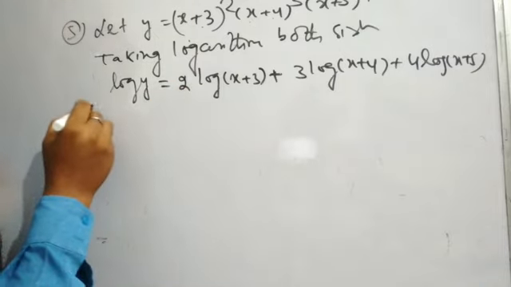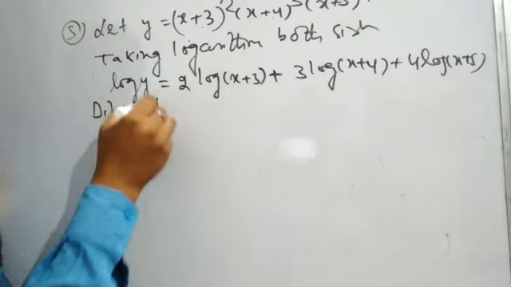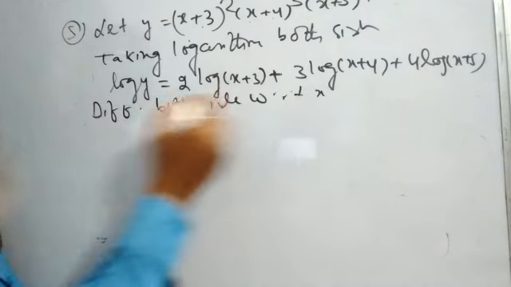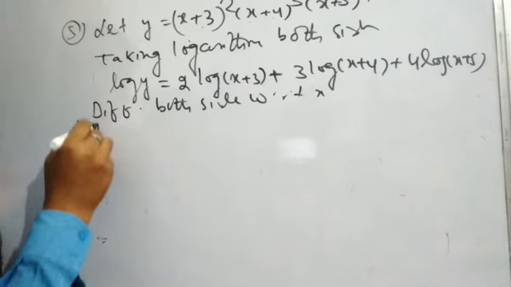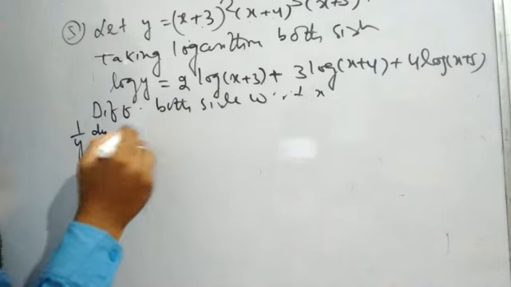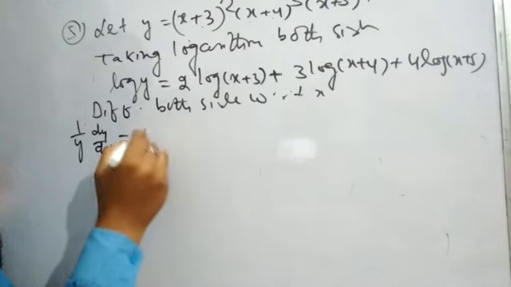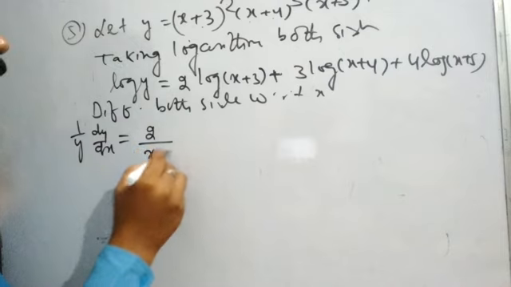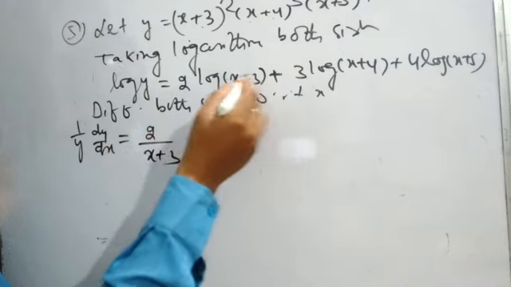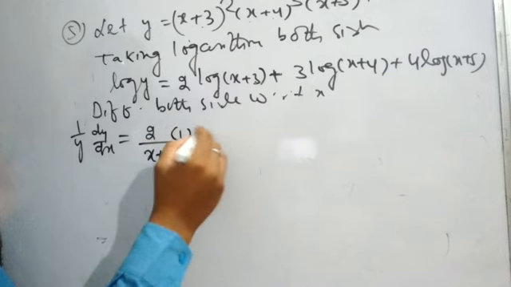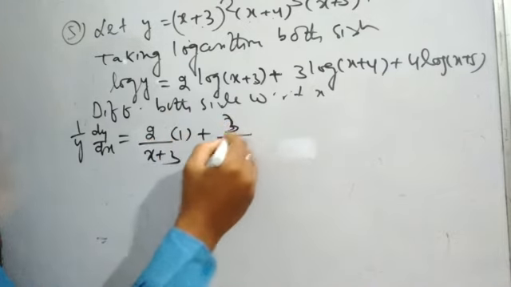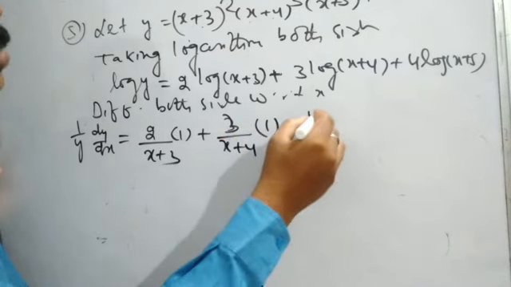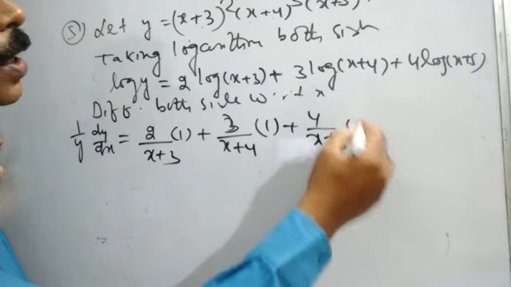Now differentiate both sides with respect to x. So 1 by y dy by dx is equal to 2 by x plus 3, and the derivative of x plus 3 is 1, not necessary to write it, and similarly 3 by x plus 4 into 1, again 4 by x plus 5 into 1.